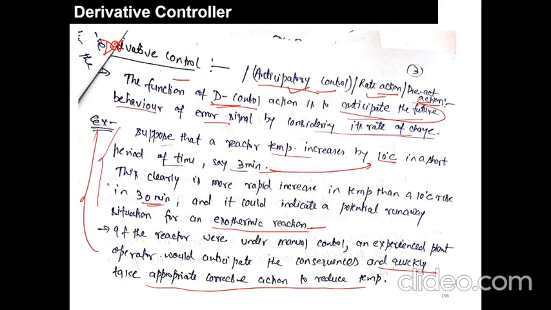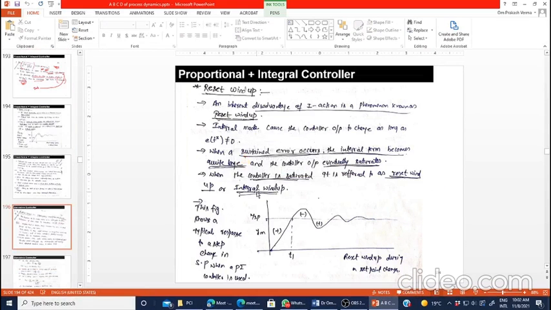It means if you are able to predict the behavior of upcoming time, then you can take the corrective action for that behavior, if the behavior requires some correction. So this is the derivative controller, right?